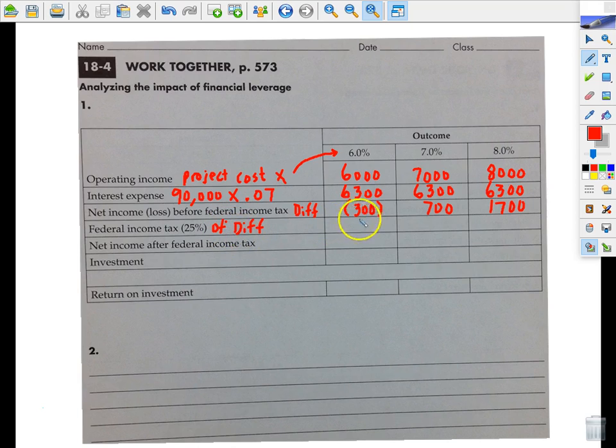Well, obviously, if you multiply a negative times 25%, you're going to get a negative result. 700 times 25% should be 175. 1,700 times 25% should be 425. Okay, any questions so far? So how we got this line was taking this difference and multiplying by the tax rate, 0.25.